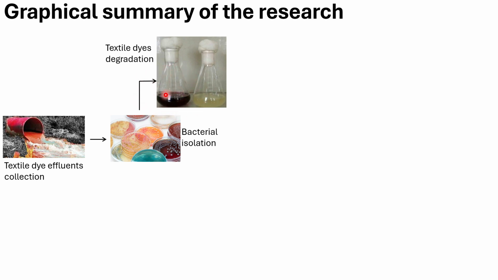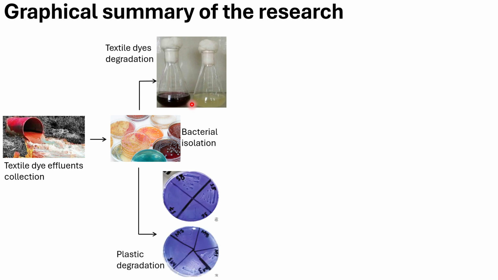The black colored one shown in this picture is the one that is not treated with the bacteria, and the other one that is paler in color has been treated with the bacteria. They also assessed these bacteria for plastic degradation.